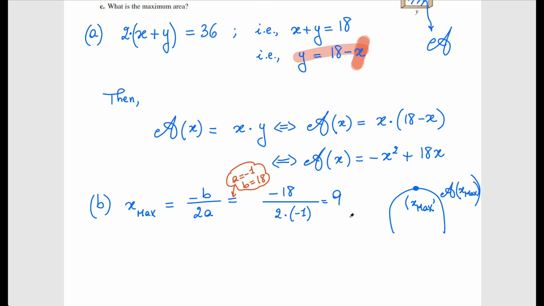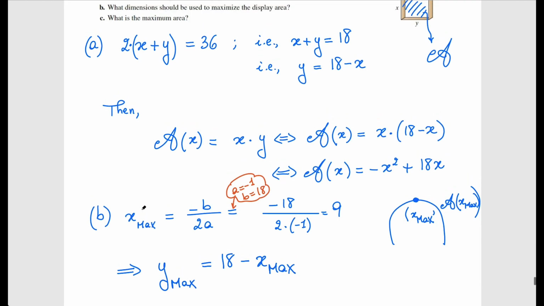The x happened to be 9, so it follows that the corresponding y, let's call it y max, is equal to 18 minus the x max, right? So what's x max again? It's the x dimension. It's that dimension that maximizes the area. And what's y max?